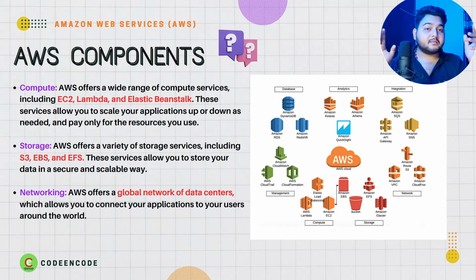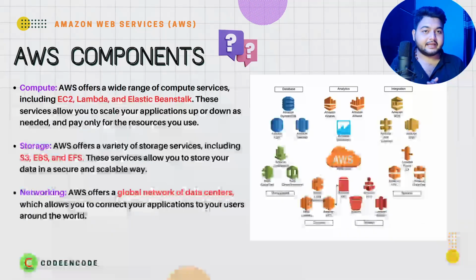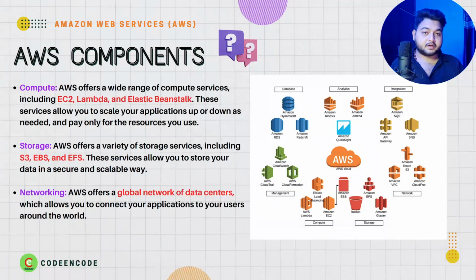The services offered in a particular category can be different for different cloud providers, but the basic components are going to be the same. So the first category of AWS components is compute.